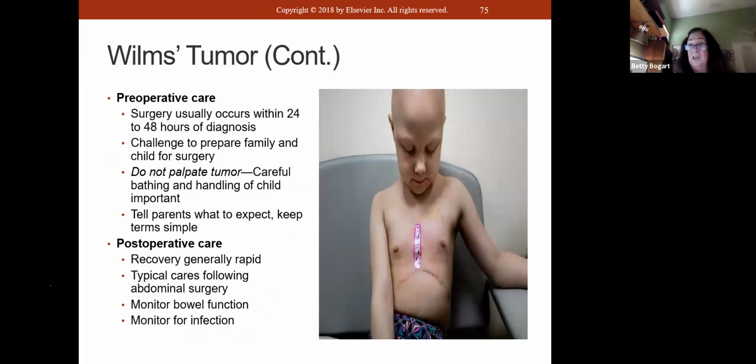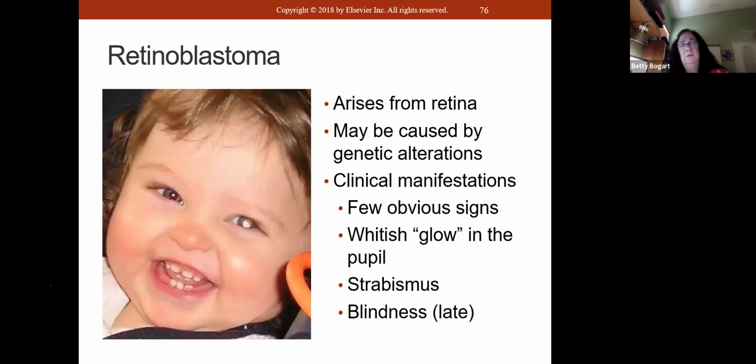That's the type of incision: a big open incision, because the kidneys are in the back. You have to go through the abdomen, through all the intestines, to go back into that kidney. So preoperatively, do not palpate the abdomen. That's your biggest nursing care. And then postoperatively, you're going to monitor their urine and their bowel function.